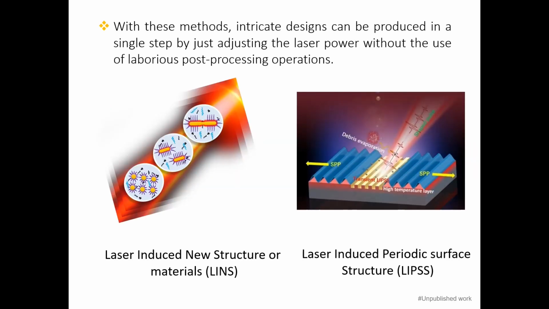As I said before, with these methods, intricate designs can be produced in a single step by adjusting the laser power without the use of laborious post-processing operations. Here I give two picture examples of a laser induced new structure or material, and this is the classical example of laser induced periodic surface structures.